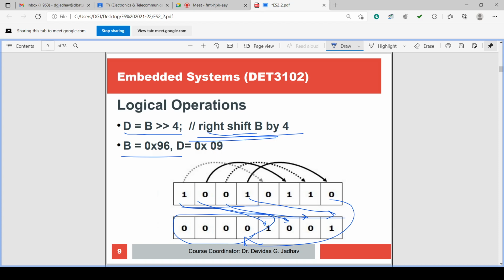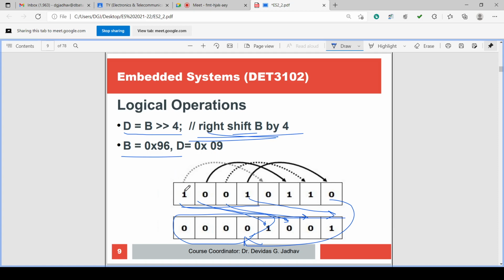What is the outcome of the shift? After shifting, the empty spaces are filled with 0, and we get an altogether new number, because the empty spaces are filled with 0 and the value changes.